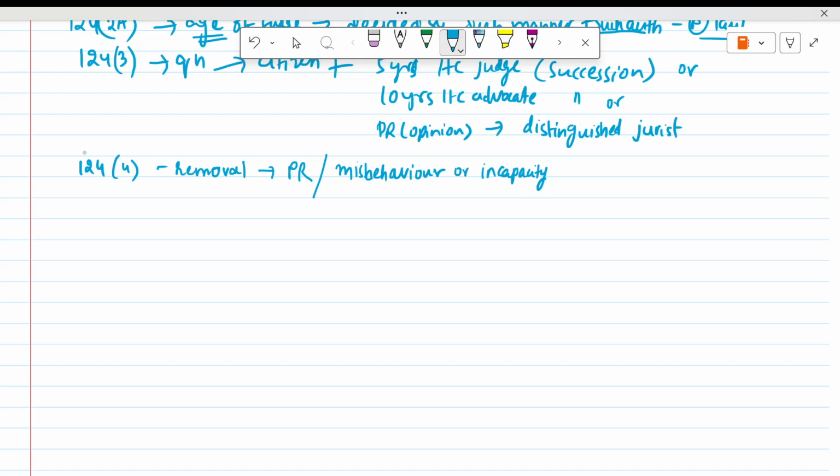And how can they be removed? By address, meaning Parliament has to tell the President to remove the judge, and Parliament has to pass a resolution by special majority.